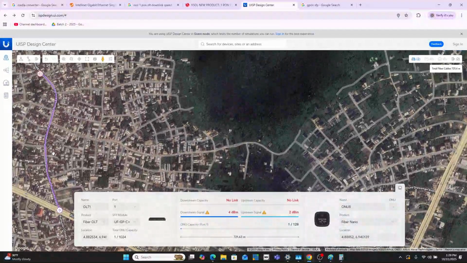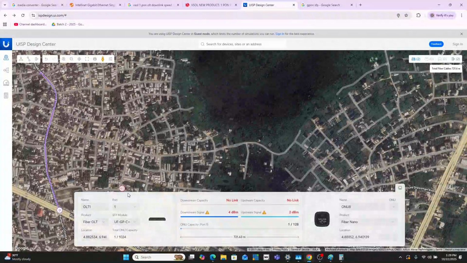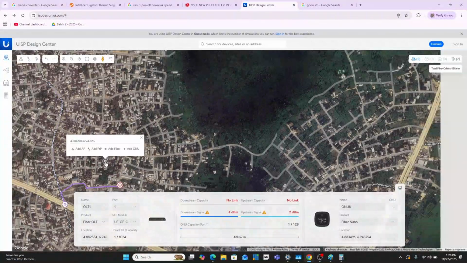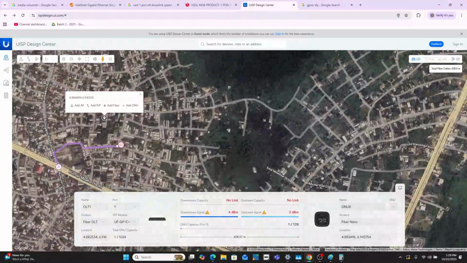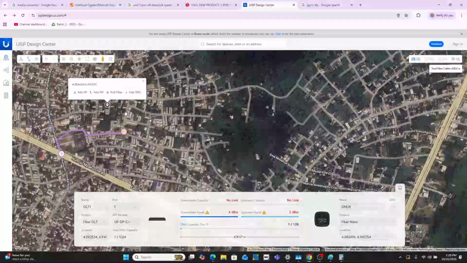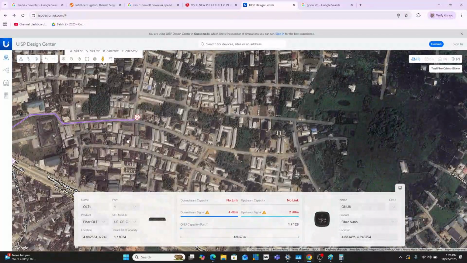Now, we'll take our ONU, we'll just drag that ONU to that street. Once you drag that ONU to that street, let's look for a way to cover all these houses. Make sure we provide internet to all these houses here. Or let me say 10 houses from this block of estate.